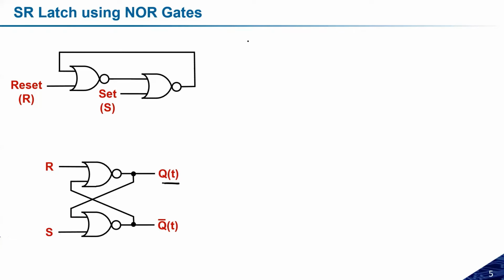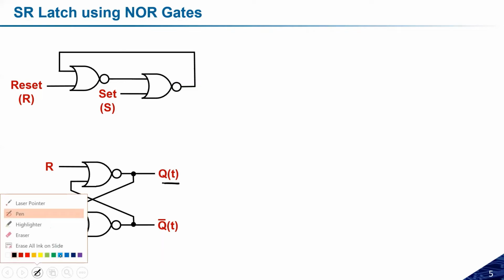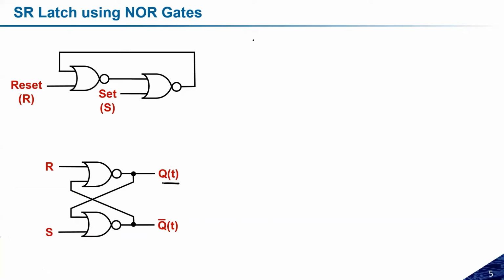What will be Qt plus 1, after t plus 1, on the next cycle? On the next cycle, what will be the output? Let us try to understand that. So Qt plus 1 is, can anyone tell me what is Qt plus 1?